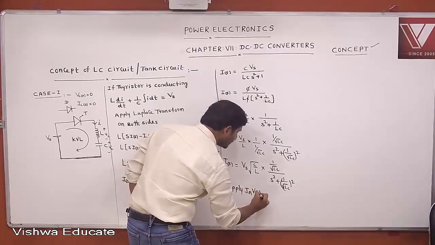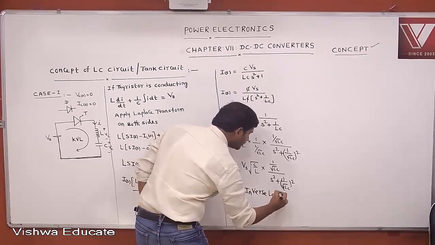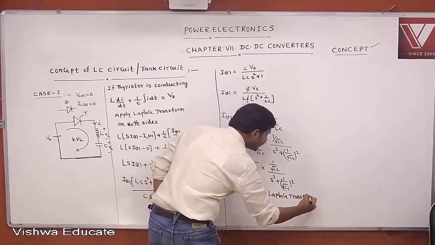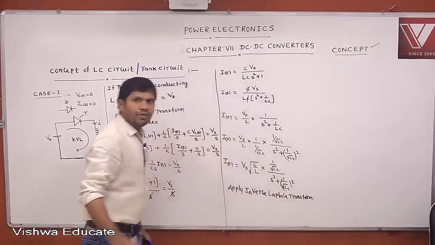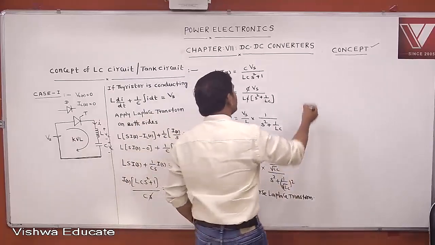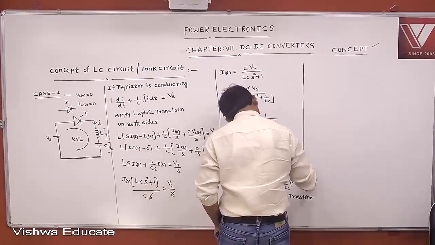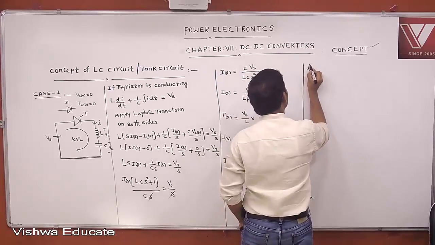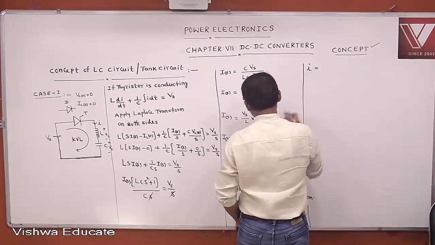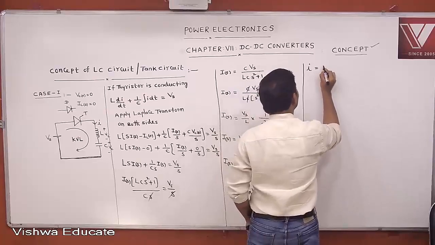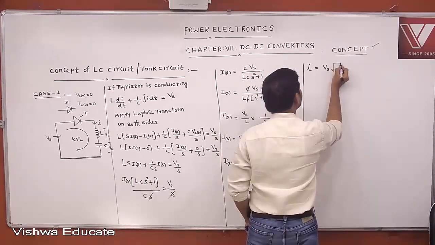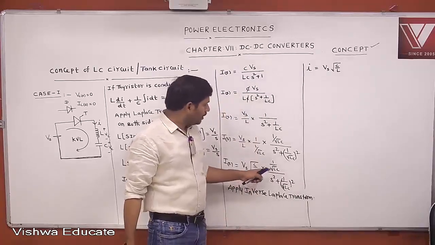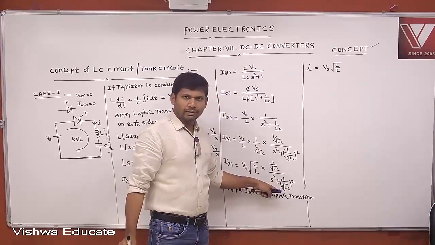Apply inverse Laplace transform. If you apply inverse Laplace transform, then we can get the expression for I of t. The expression for I equals Vs into square root of C by L into a by s square plus a square.